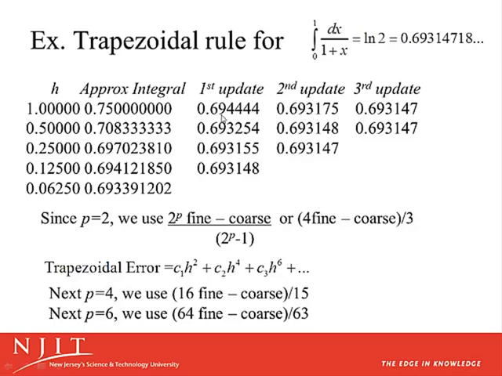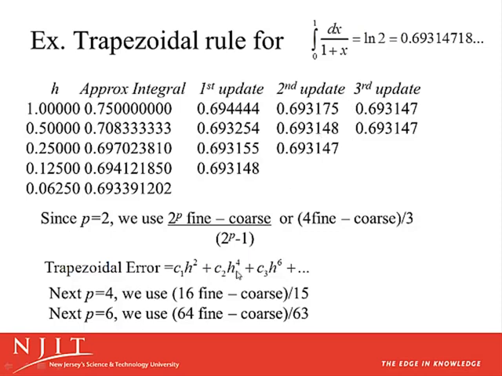Similarly, if we take these two middle values, we take 16 times the finer one, 0.693155, minus 1 times 0.693254, divide the result by 15, and you can see that we're almost exactly right in terms of the integral.